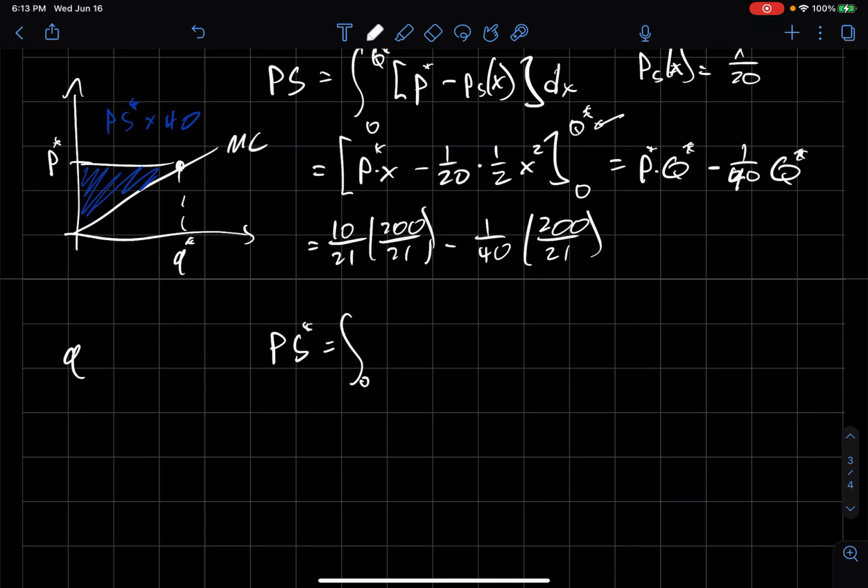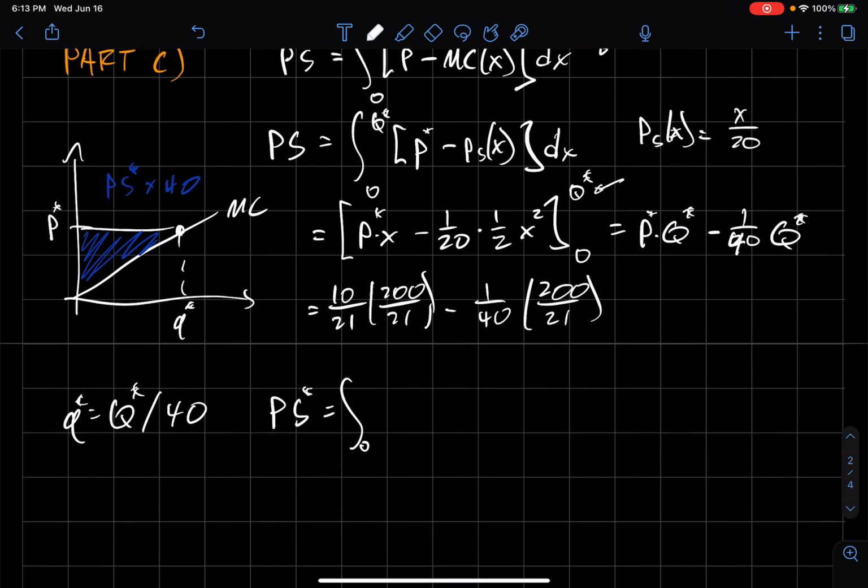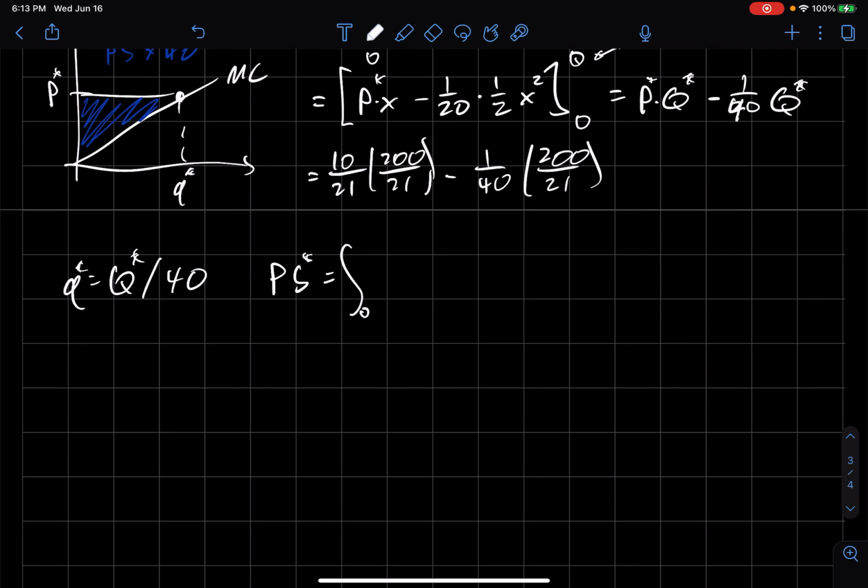So Q is equal to Q star divided by 40. And our Q star is 200 over 21, and then we divide that by 1 over 40. And actually, let's just leave this as is. So we have 200 over 21 times 1 over 40.